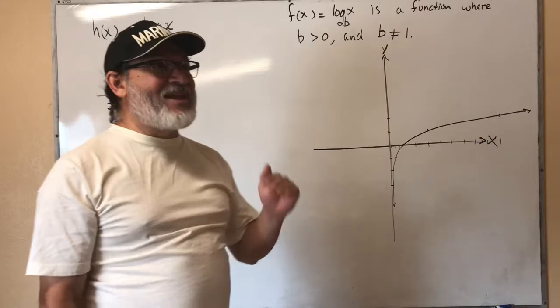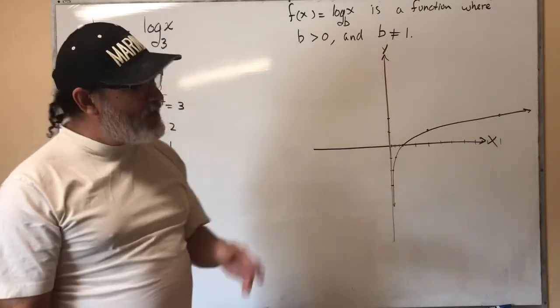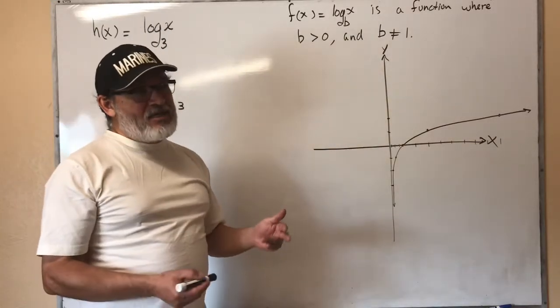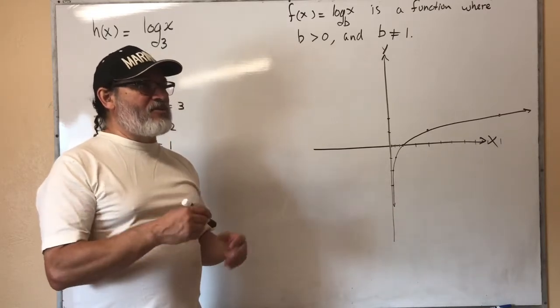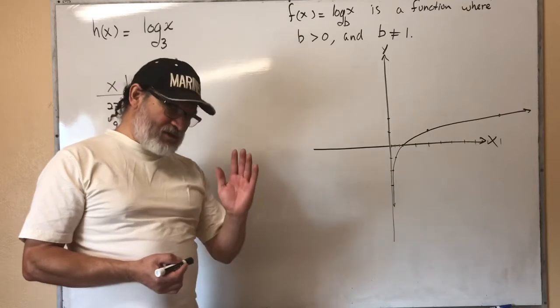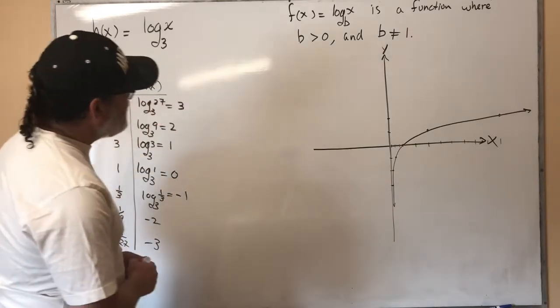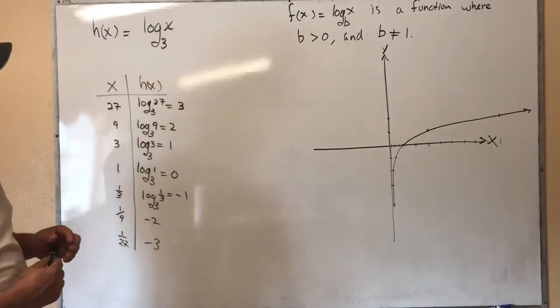Remember, the same thing happened with exponentials. When the base was greater than 1, f of x equals b to the x was increasing, okay? So we should say that.